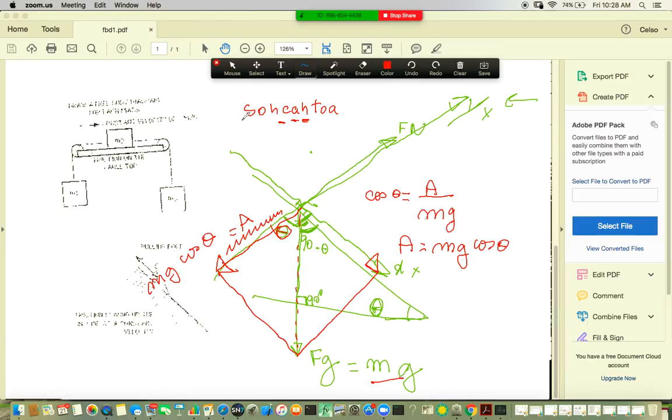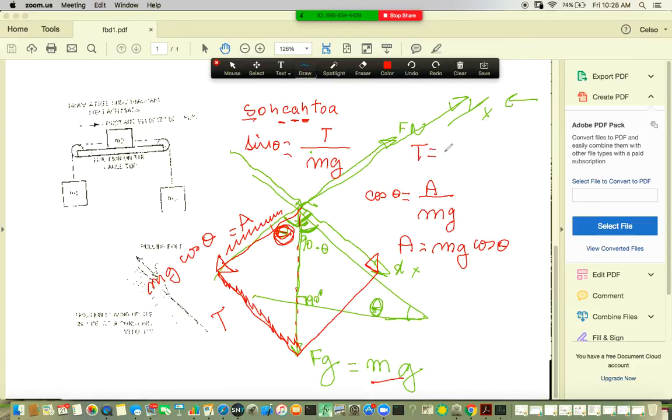Now, sine. Sine of this angle theta, sine of theta, is equal to the opposite side, this one, and let's call it B. So sine theta is B divided by mg.